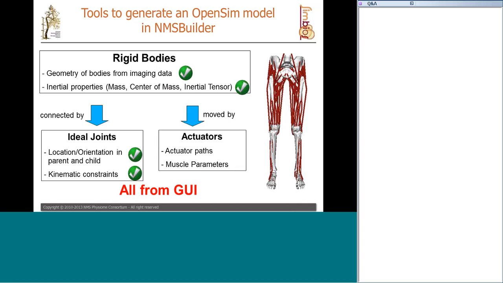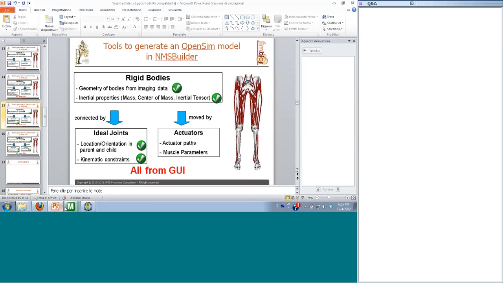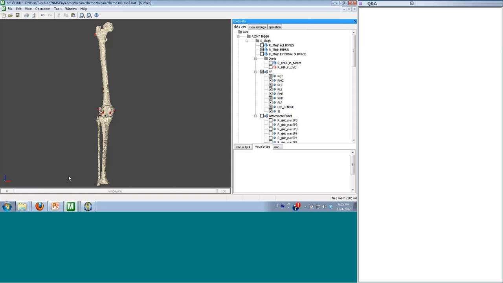So I'm now ready to define the muscle actuators in terms of actuator path. So I need to define the origin, the insertion, and the different via points eventually. And I also need to define the muscle parameters of each actuator. So switching back to the builder, let's focus on this model subparts, so femur and tibia.